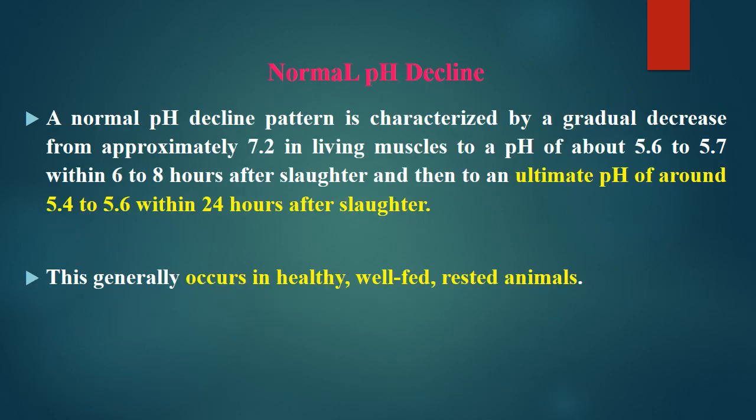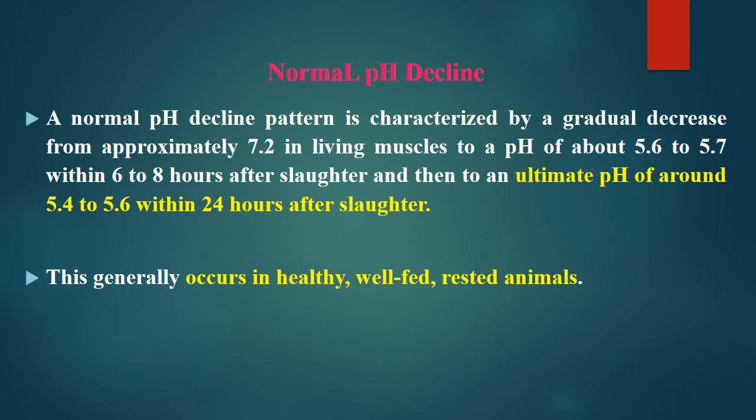Now once again we will see the normal pH decline. A normal pH decline pattern is characterized by a gradual decrease from approximately 7.2 in living muscle to a pH of about 5.6 to 5.7 within 6 to 8 hours after slaughter, and then to an ultimate pH of around 5.4 to 5.6 within 24 hours after slaughter. This timing varies with species.